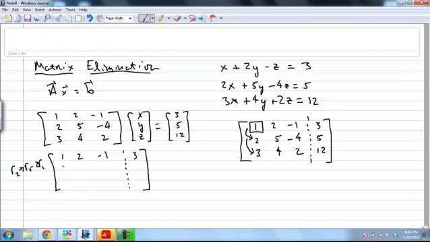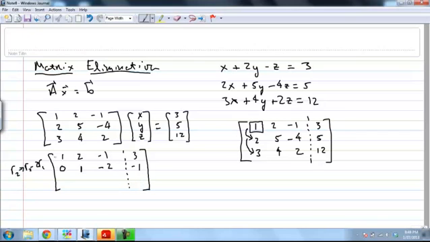When I do that, I'll get a 0 here, 2 minus 2. In the next position, I have 5 minus 4, which gives me 1. In the third position in the second row, I have minus 4 minus negative 2, which gives me minus 4 plus 2, or negative 2. And on the right-hand side, I have 5 minus 6, which gives me negative 1.